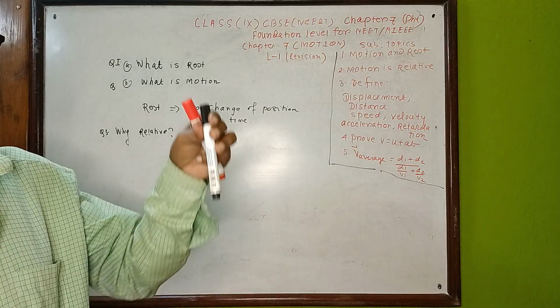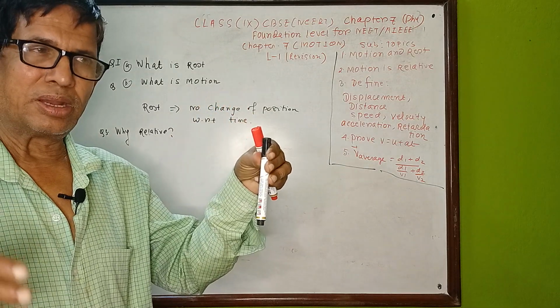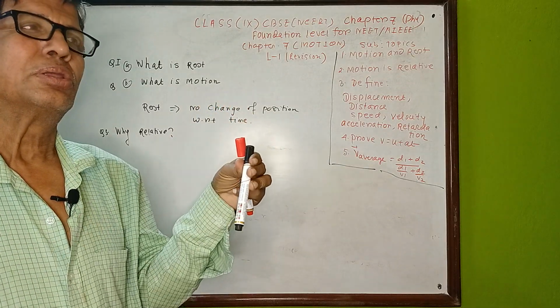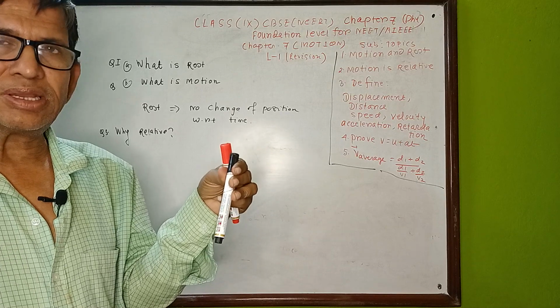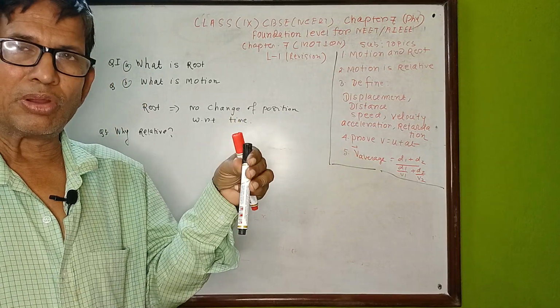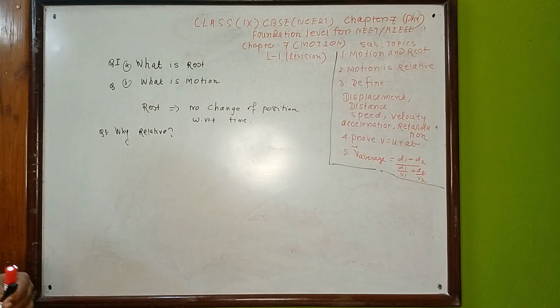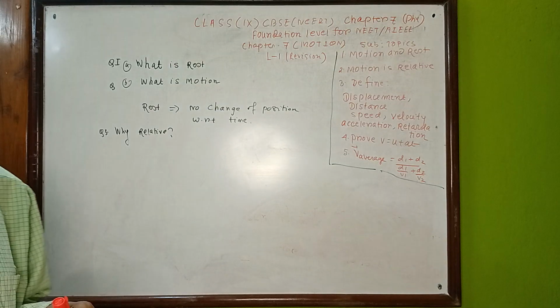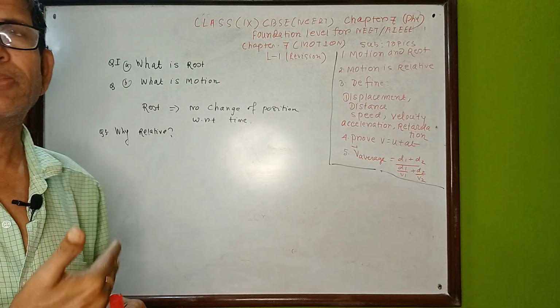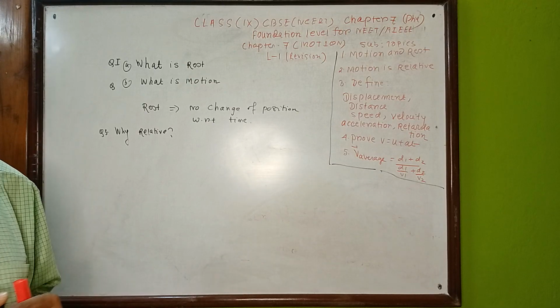Suppose a man is standing on a platform and a train is moving. A passenger inside the train will see that the body at rest on the platform is running behind. That means if you see the rest body from a running condition, then you will see it is in motion.